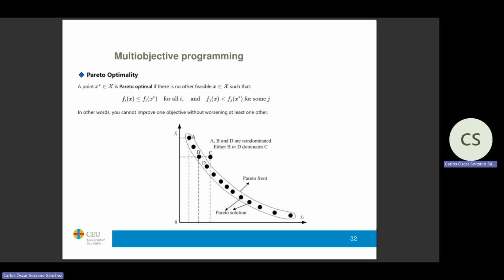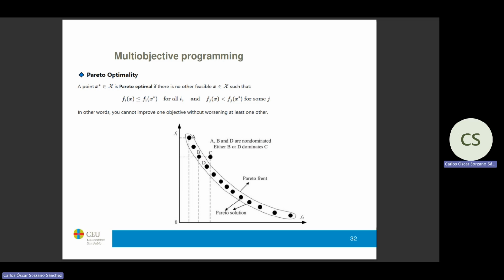If I say, okay, this F1 is terribly high, I want F1 to be smaller, then necessarily I will increase F2. So all points in this Pareto front fulfill this property.